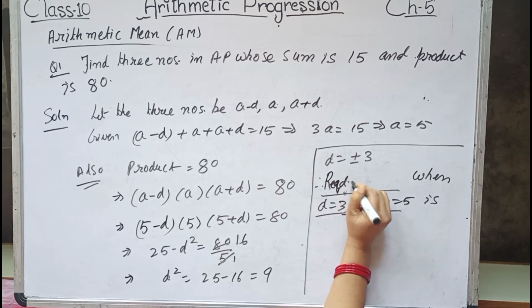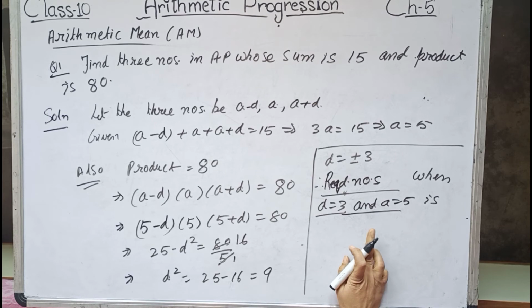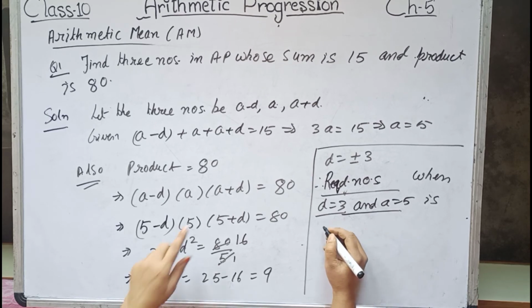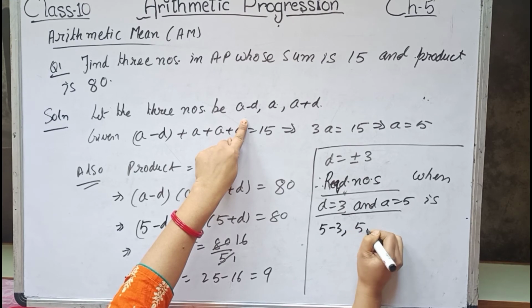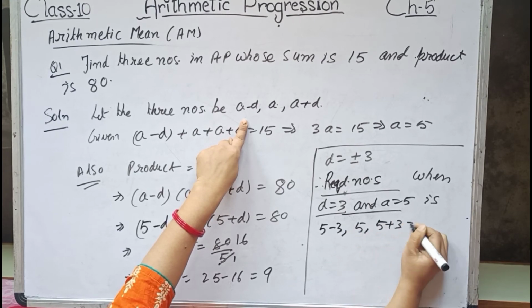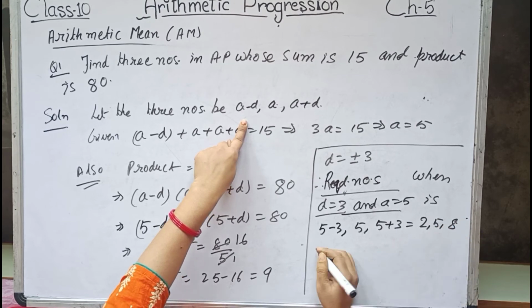The required numbers when D equals 3 and A equals 5 are 5 minus 3, 5 and 5 plus 3. So this will give 2, 5 and 8.